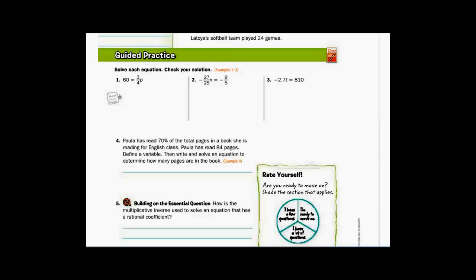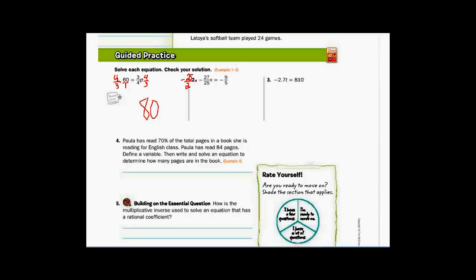All right. So I will multiply. Again, my mind goes right towards the variable. So I would multiply both sides by 4 over 3. Because that's a whole number, I need to make it a fraction. That answer is 80. This one, multiply by its reciprocal. If it's negative, it's still going to be negative.